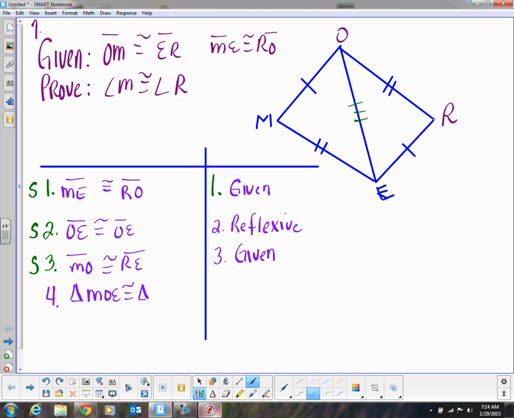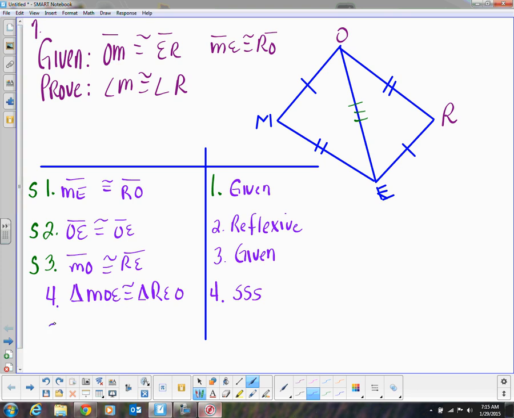So isn't it going to be REO? Yeah. So REO, and what's that reason? It's the combos. Whenever you do triangles congruent, it's right. This statement, triangle congruent to triangle, will always be one of your combos.